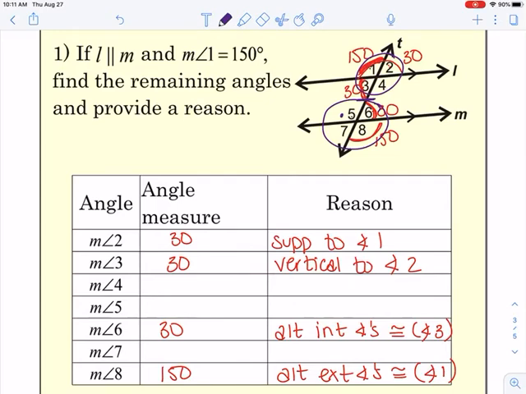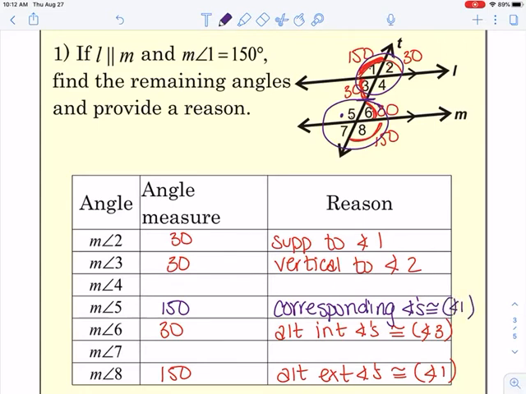Those are corresponding angles. Corresponding angles are congruent, which means that angle 5 is going to be 150. And for that one, I said it was corresponding angles congruent, and that was to angle 1 that I used.